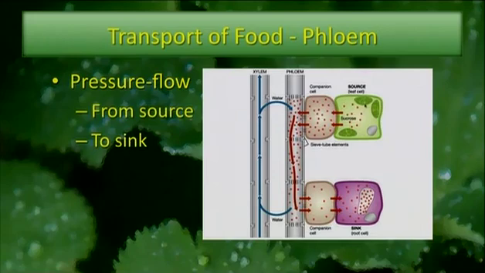Remember the chloroplasts? Doing photosynthesis, producing sucrose, which a companion cell loads into the sieve tube member. Remember the companion cells have a large nucleus. Sieve tube members usually do not when they're mature, even though they're alive.